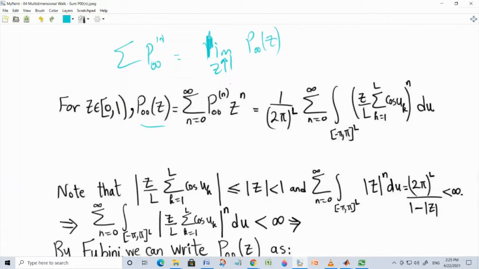The idea is that we have those probabilities, but in the one-dimensional case, the probabilities were explicit in terms of the combinations and so on. Now the probabilities are in terms of a multi-dimensional, an L-dimensional integral. And then we have an infinite summation, the infinite summation of the generating function itself.